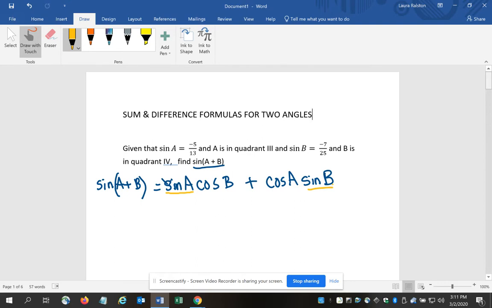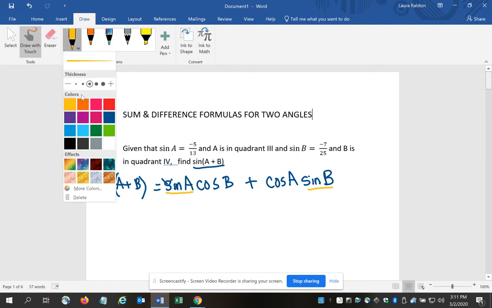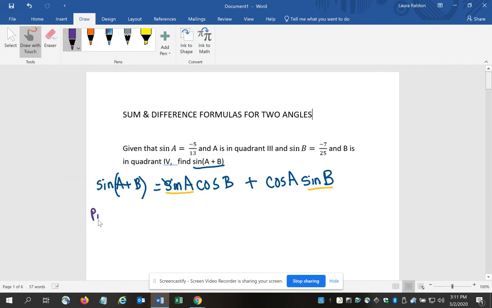So that's the first thing I have to do to complete the calculation for the sum of angle A plus angle B. I have to first determine the cosine. There are a couple of ways to do that. The easiest way is to use your Pythagorean identity. I'm actually going to do it twice, once for angle A and once for angle B.